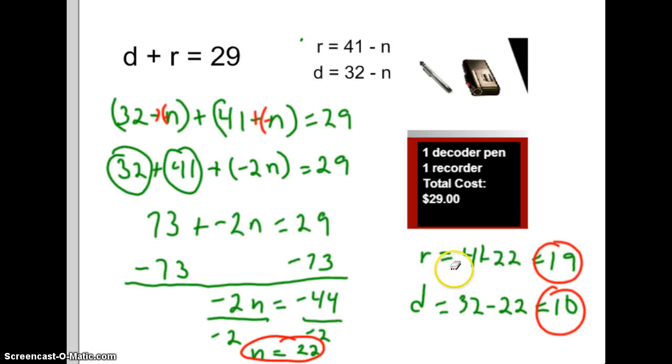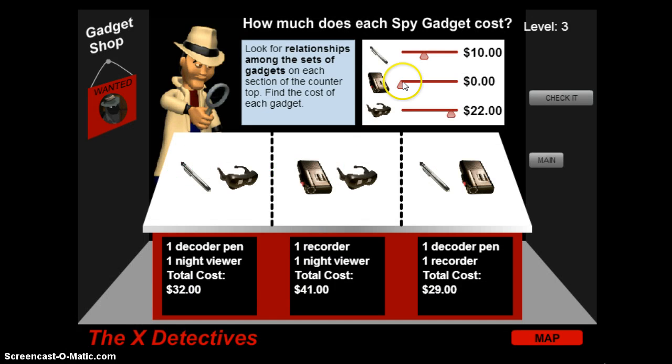And we said that R is 19, and that's the recorder. We have a decoder pen for $10, a recorder for $19, and the night viewer for $22. So if we check, we've solved the problem correctly.